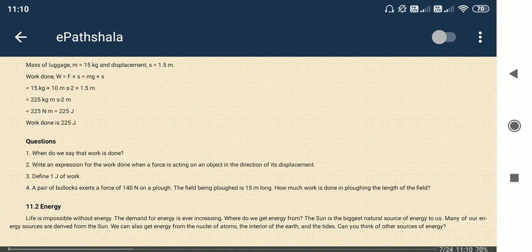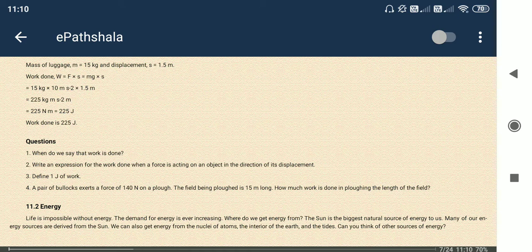The SI unit of work done is joule, and the CGS unit is erg, okay? We know that 1 joule is equal to 10 to the power 7 erg. So this is the work done, okay?